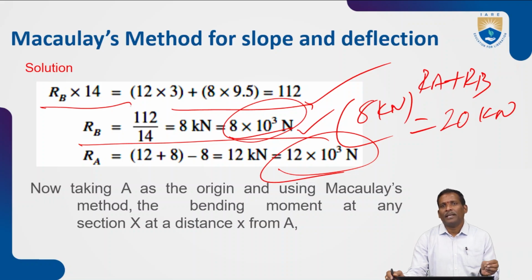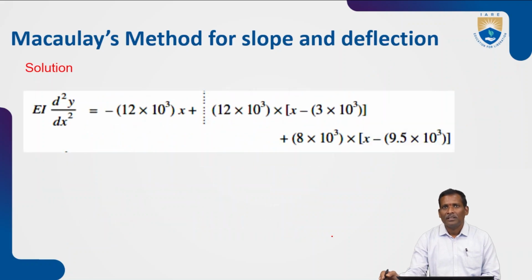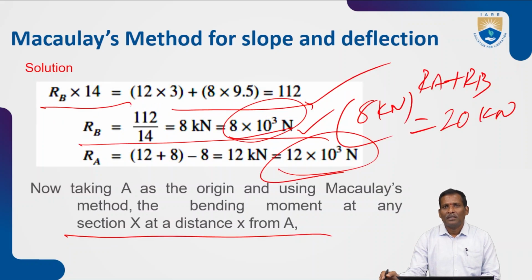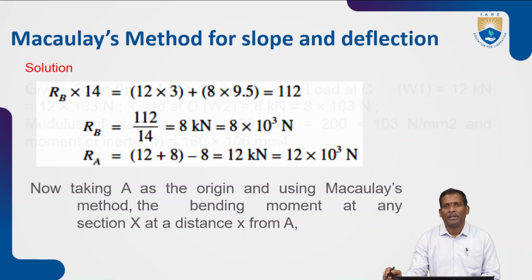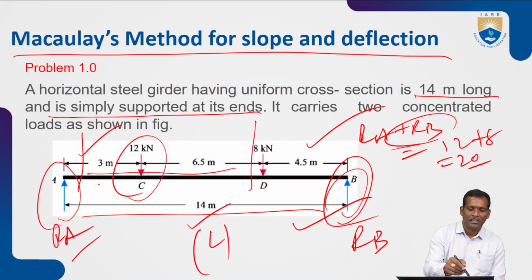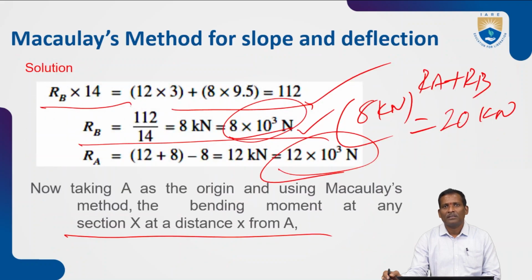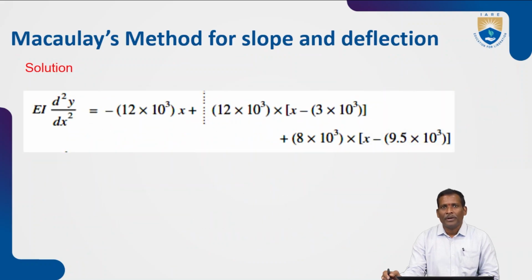So now, taking A as the origin and using Macaulay's method, the bending moment at any section at a distance x from A. Here, take any section and then find out the bending moment.